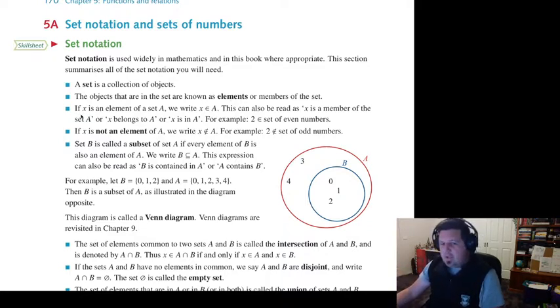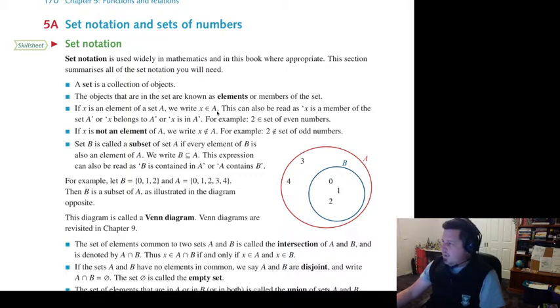Now, the notation that we use, it says if x is an element of set A, so it's a part of set A, you would write that using this notation: x is an element, it's that funny E looking thing, of A. So rather than having to write out the sentence, you know what's going on there.